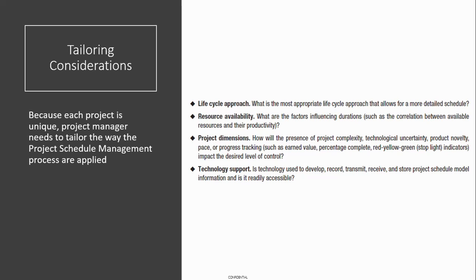Sometimes you'll be in a project where a lot of technology is being used, which will increase the efficiency of your resources and shorten the project duration. So these are the factors that you will have to understand in tailoring your project schedule: once again, the life cycle approach, the resource availability, other project dimensions such as the risks, and also the technological support that you're intended to get for your project.